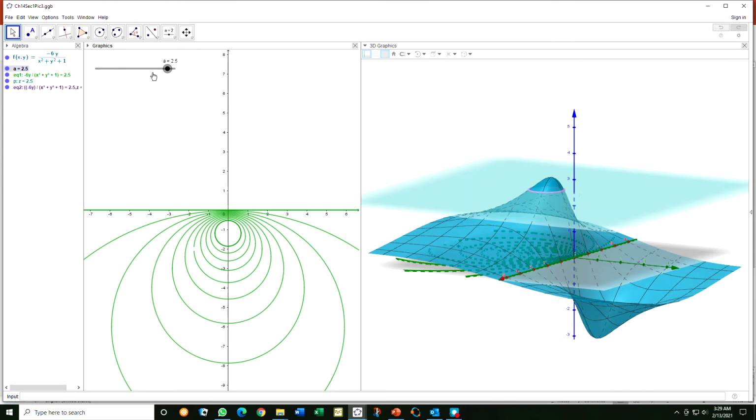Create a slider, create a plane, let the plane cut it, things like that. And play with different f of x, y's. In the book, they have given you many functions of x and y. Try to plot quite a few of them and study them. Cool. That's it, folks.